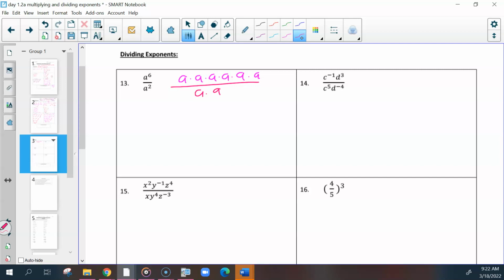So if I have an A up here that has an A down here, I could divide them. That would become 1. Same thing here. It doesn't have to be these 2 A's because you have 6. It could be any of the 2 on top. But you would do that until the A's on the bottom are gone. How many A's would be left? 4. So you are just subtracting.